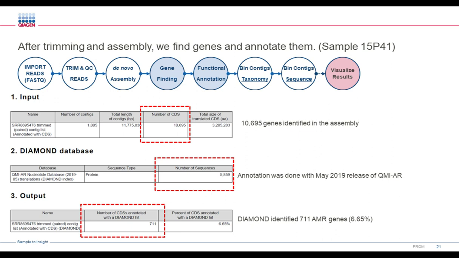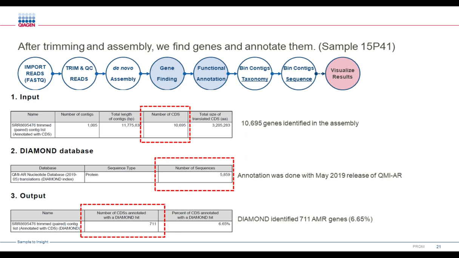So in our case, we've identified close to 11,000 predicted CDS regions within the assembly. We then did an annotation of that gene prediction with Diamond using the QMI AR database that was released in May. And out of that, it identified 711 genes with high similarity to known antimicrobial resistance genes that are present in the QMI AR database, or about 6.65% total.